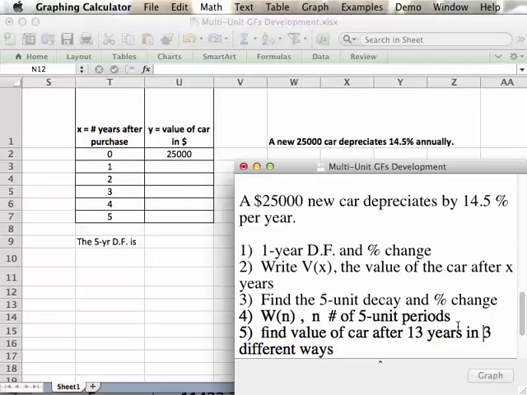With decay factors, you have to remember, what is the percent change relative to your decay factor? What is the decay factor? 0.855. What does that number mean? Is that how much the car goes down? How much value remains, right? That's how much you keep. Decay factors are the portion that's kept, or that remains. So from that, what's the percent change?